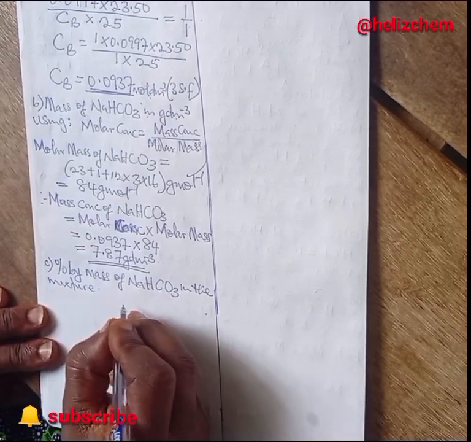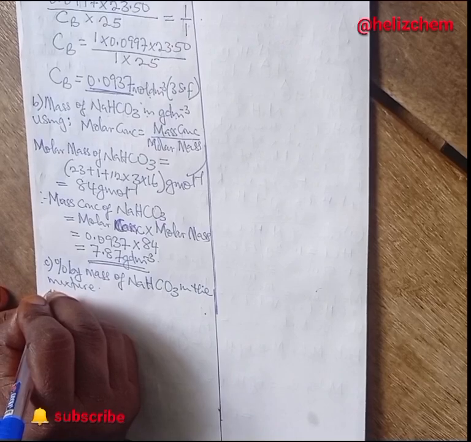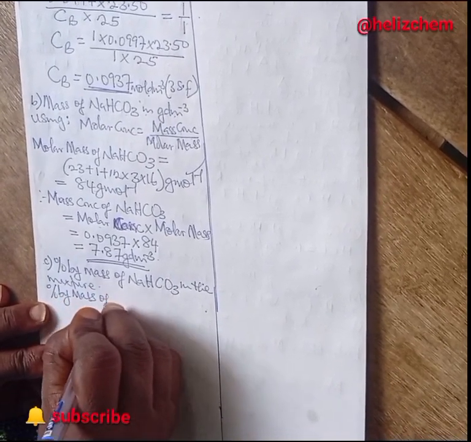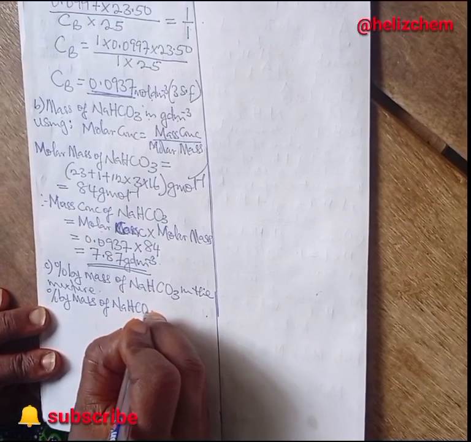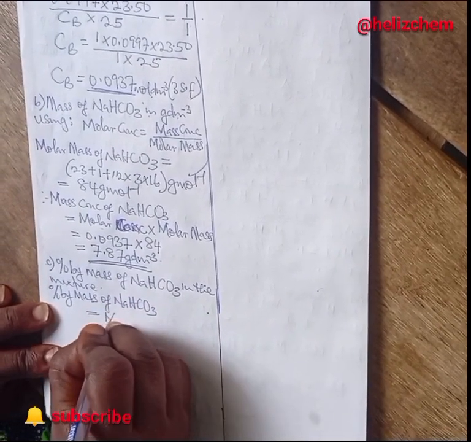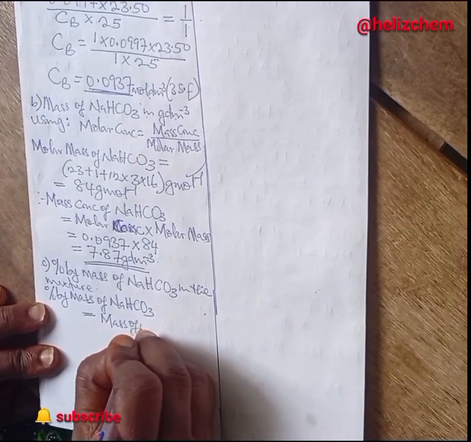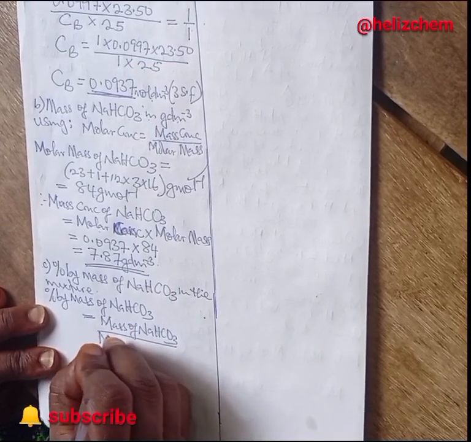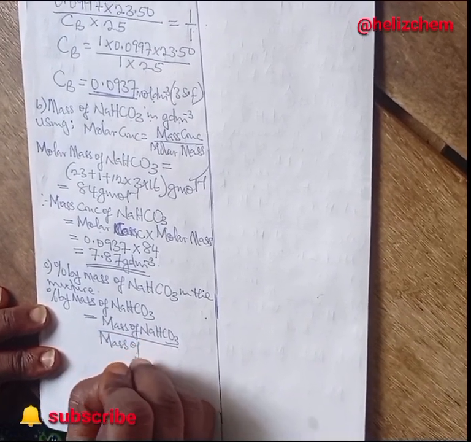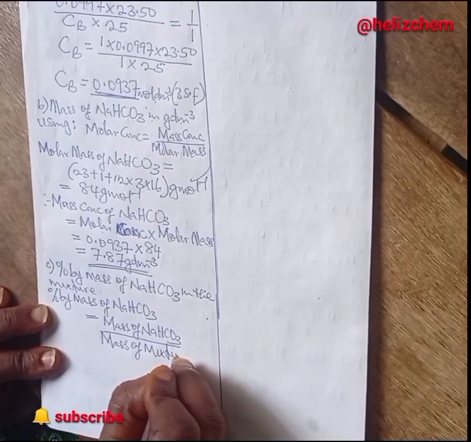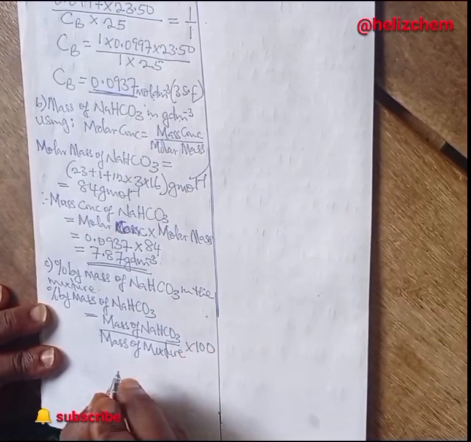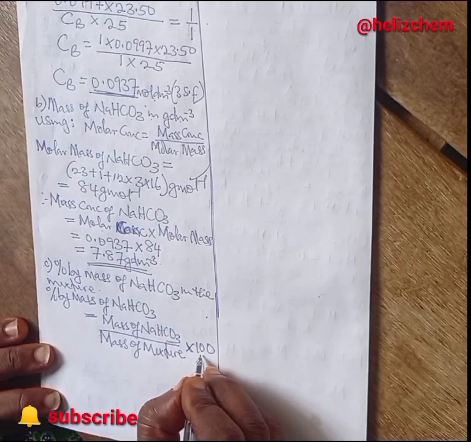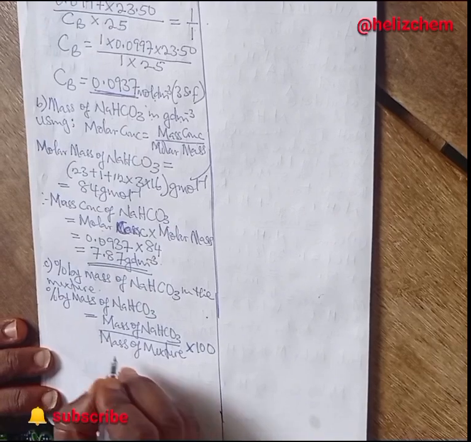So to find that, we are going to use this formula which says percentage by mass of sodium hydrogen carbonate will be equal to mass of sodium hydrogen carbonate in the mixture over mass of mixture itself times 100, because we want to calculate percentage by mass, so it is multiplied by 100.